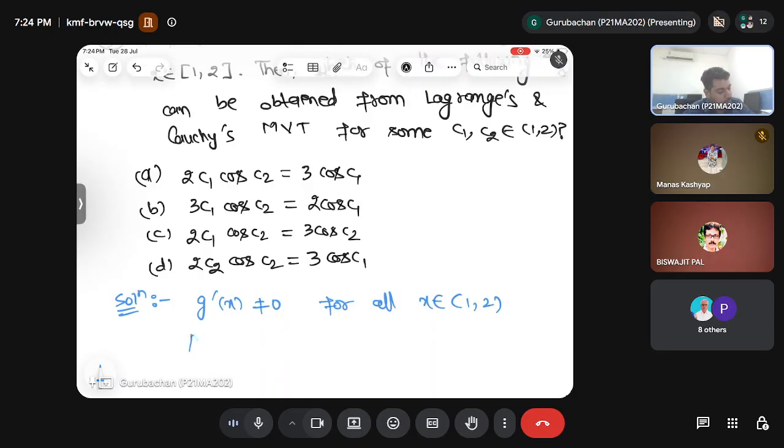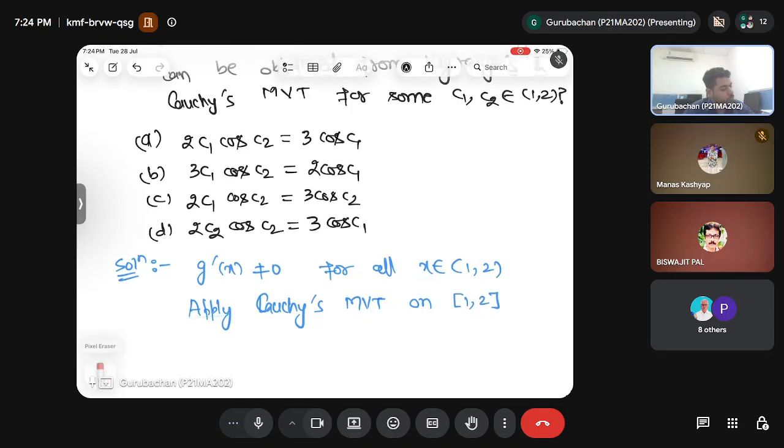So apply Cauchy's mean value theorem on the interval 1 to 2 for f and g.